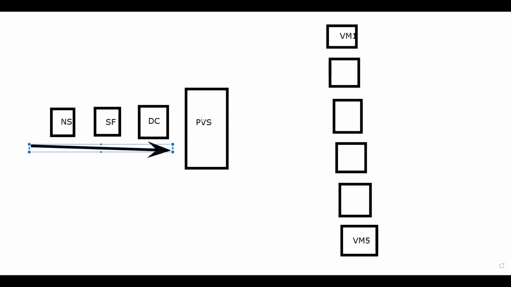But when it comes to the system booting part, what we will do is create one virtual disk. Communication will be like, in the PVS server we will create the virtual disk, only a single virtual disk, or maybe two or three.